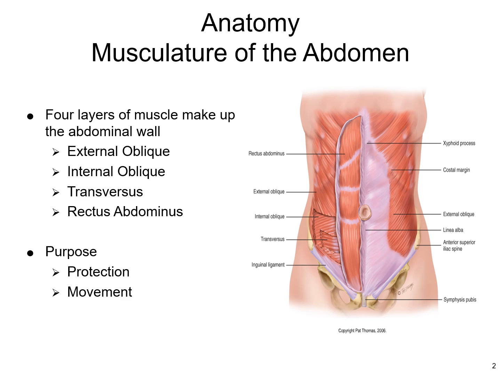When you look at a picture of those muscles, you just want to pay special attention that the muscles run different directions. They don't all run the same directions. And this is to provide that extra protection that prevents penetration and also for movement.